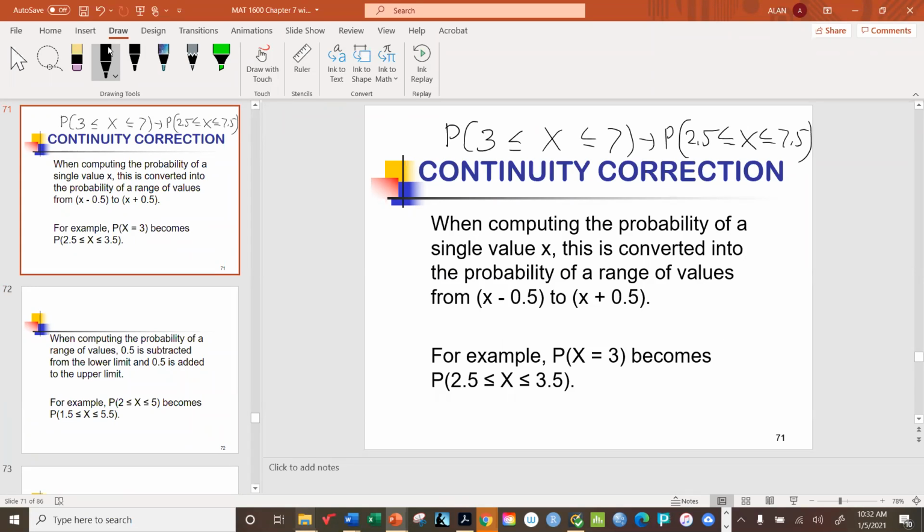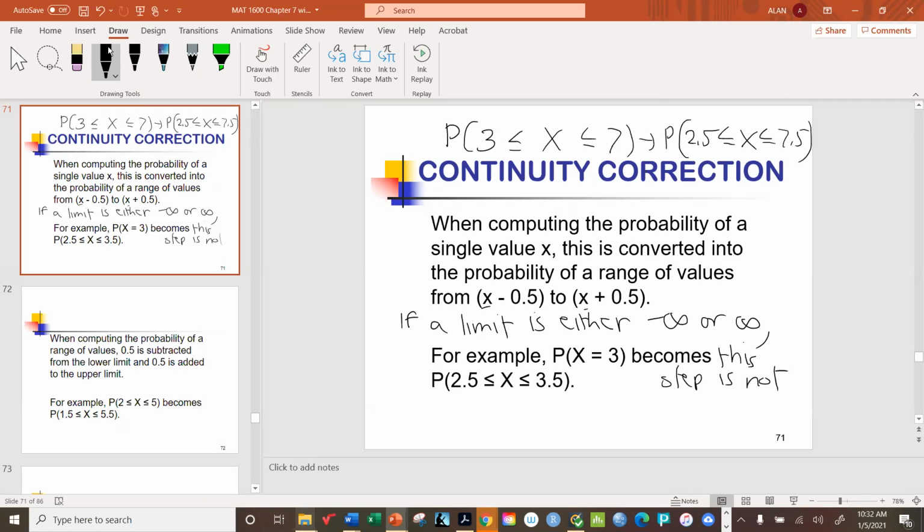And by the way, just as a side note, if one of your limits is either positive or negative infinity, this step is not needed. In other words, you can't add or subtract a half from infinity.